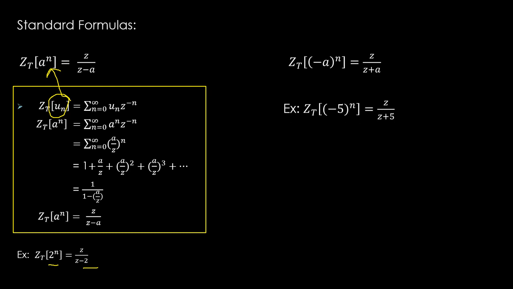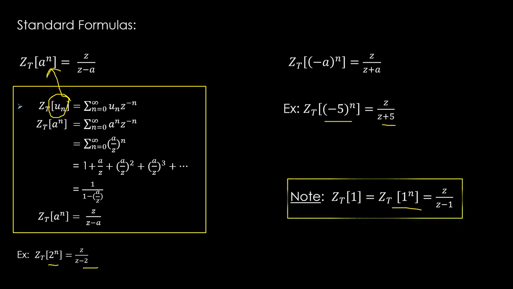For example, Z transform of minus 5 power n is z by z plus 5. It is important to note that Z transform of 1 can also be written as Z transform of 1 power n, that is equal to z by z minus 1. Just compare, your a is 1 here, so z by z minus 1. So Z transform of 1 is z by z minus 1.